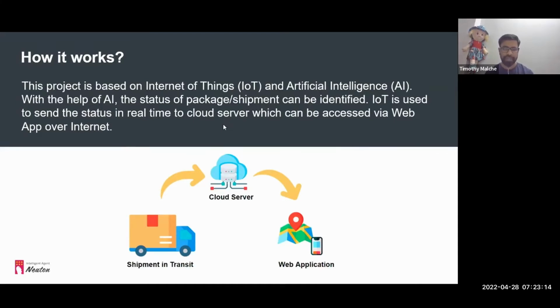Okay, so this is a very basic architecture for this project. The shipment or the package, which is acting as a sensor node, sends the information to the cloud server, and that information is retrieved via the web application. How this works internally, we are going to discuss in the coming slides.